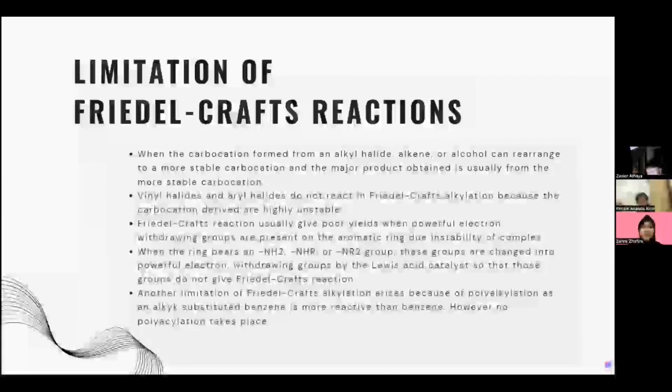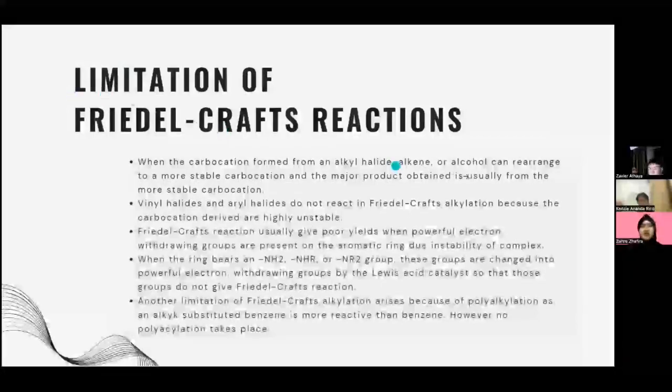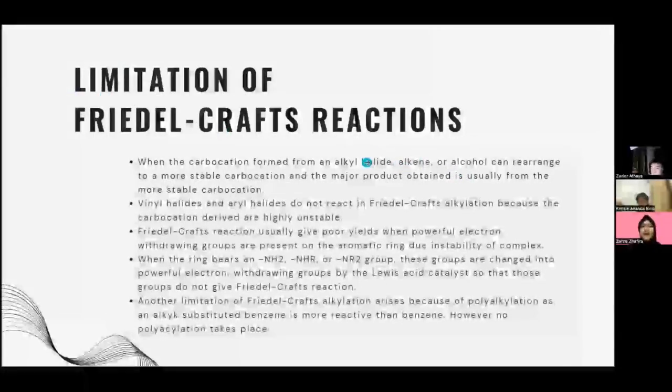Second, vinyl halides and aryl halides do not react in Friedel-Crafts alkylation because the carbocations derived are highly unstable. Then the Friedel-Crafts reaction usually gives poor yields when powerful electron-withdrawing groups are present on the aromatic ring due to the instability of the complex.